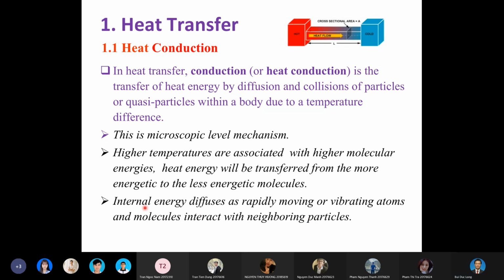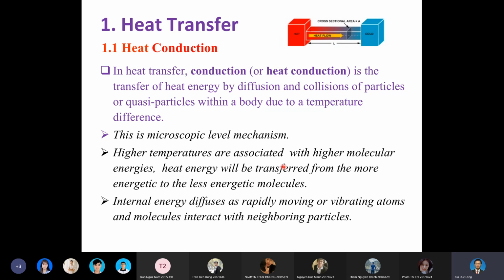When the atom receives energy, it vibrates rapidly and interacts with a neighbor that has less energy.